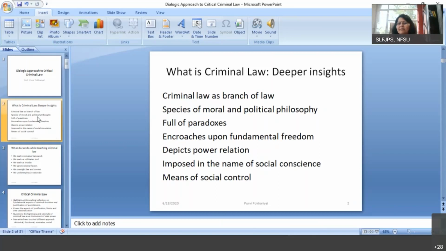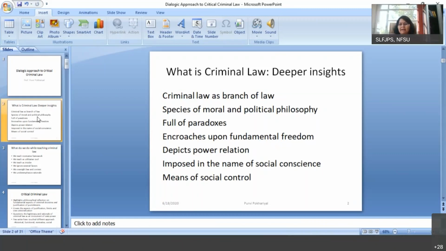Somewhere it always depicts a power relationship wherein your fundamental freedom, your personal liberty, your life would be threatened with the implementation of the provisions of criminal law. So the power relationship is deeply pervasive in this branch of law, and it's always imposed in the name of social conscience. This is because we always feel that this is a means of social control.